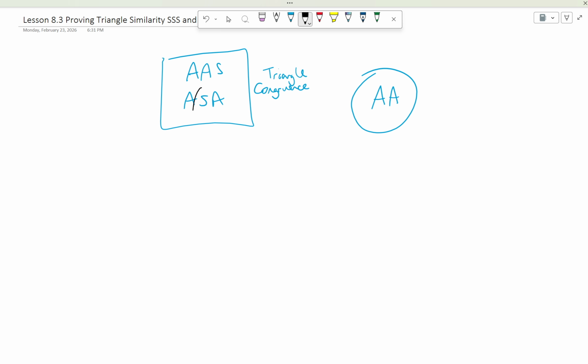So we don't even need to consider the side or the side because we already have a sufficient amount of information. Remember, when we have similar figures, all the angles will be congruent correspondingly, and then the sides will be proportional. So I don't even need to worry about these sides because I have what I need.